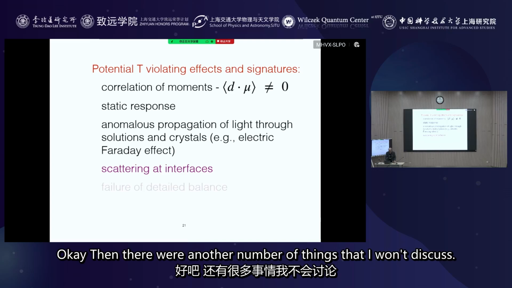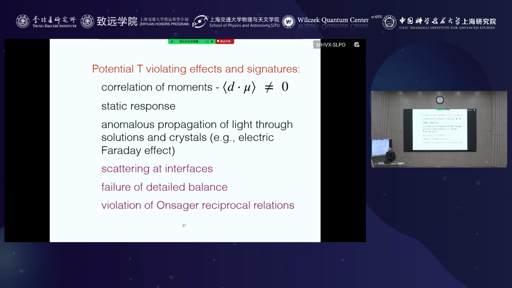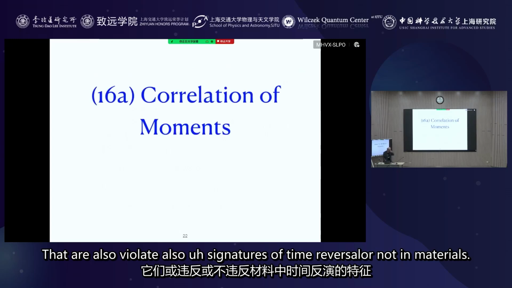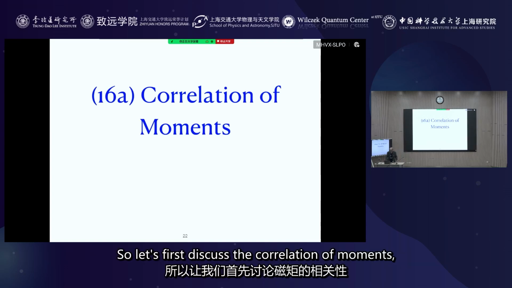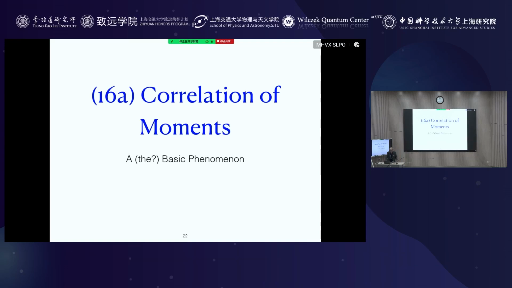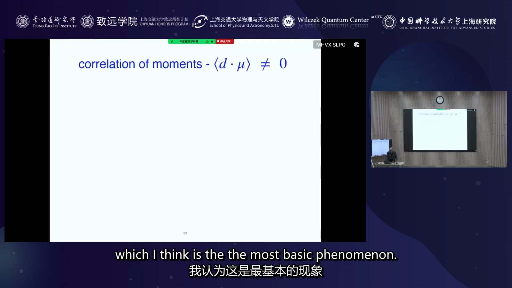Okay, then there were a number of other things that I won't discuss that are also signatures of time reversal violation or not in materials. So let's first discuss the correlation of moments, which I think is the most basic phenomenon.